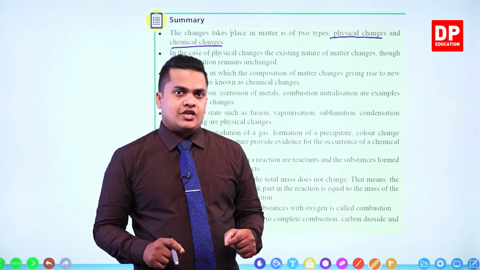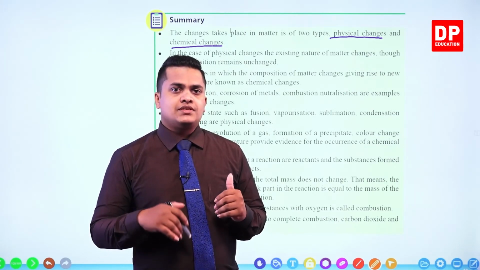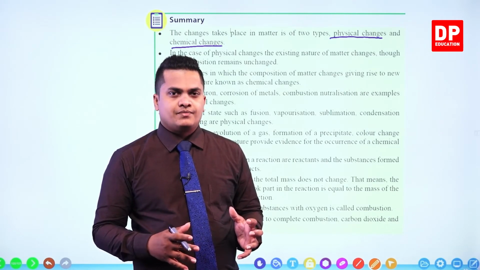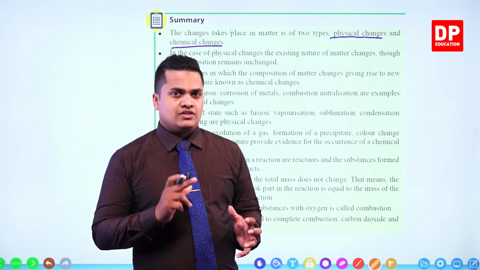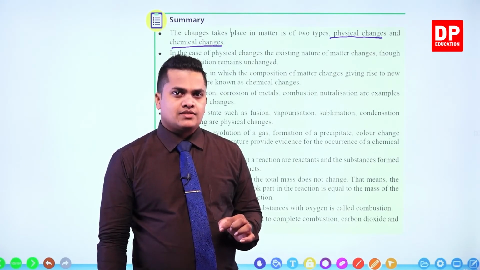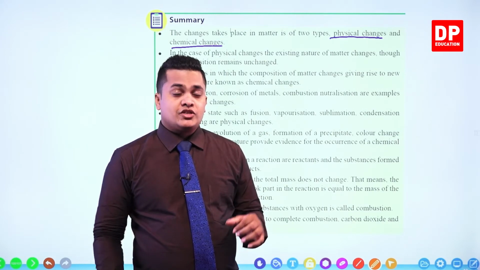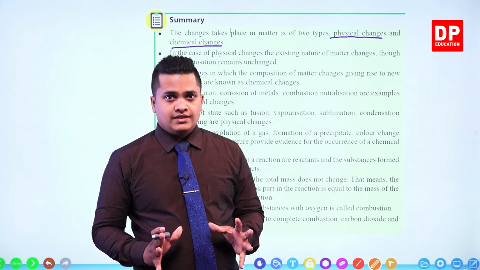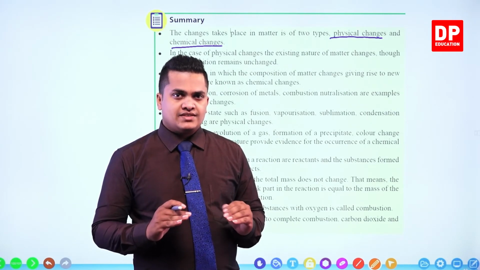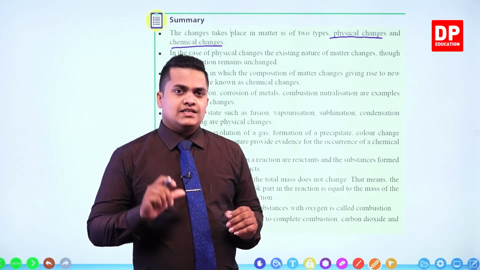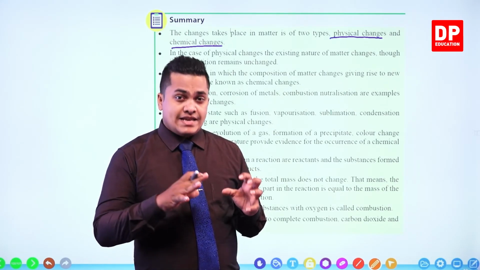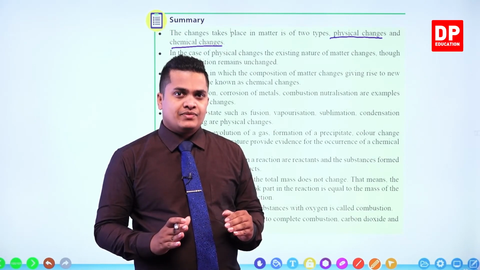In a chemical change, new substances are getting created from the initial substances. We refer to those initial substances as the reactants, and the new substances as the products. In a physical change, the initial substances remain the same, the nature of the substance remains the same.